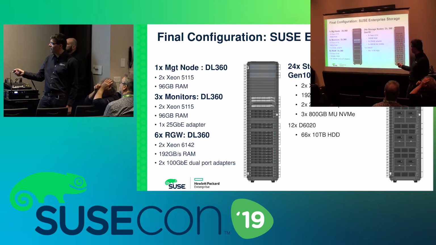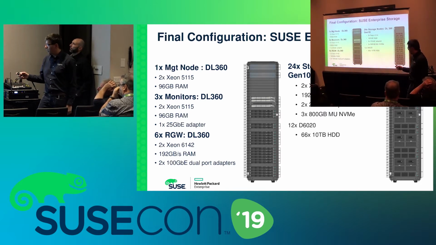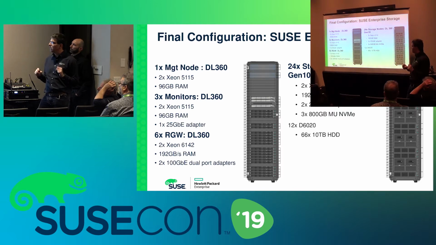So we end up with this solution in the end, this is what we sold to the customer. As you can see, there is one rack which contains all the service part of Ceph or SUSE Enterprise Storage: the management node, the monitors, we needed only 3 monitors, and 6 Rados gateways.